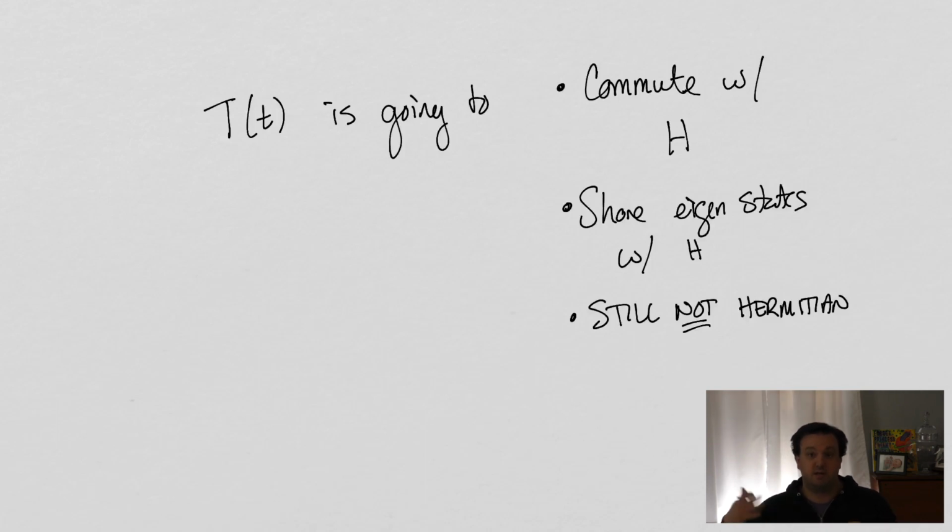The Hamiltonian is going to tell me that I can propagate through time, which means that I'm going to have the same eigenstates. That is, the eigenstates of the Hamiltonian are going to be the eigenstates of the time evolution operator. And if I know those states, then I can propagate them through time. However, my time evolution operator, although it shares eigenstates, does not share eigenvalues.